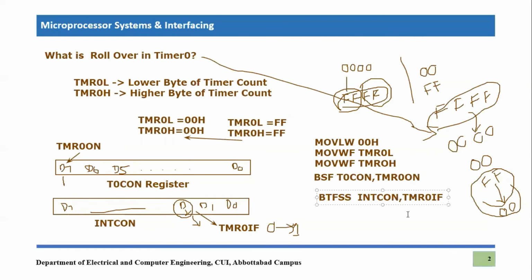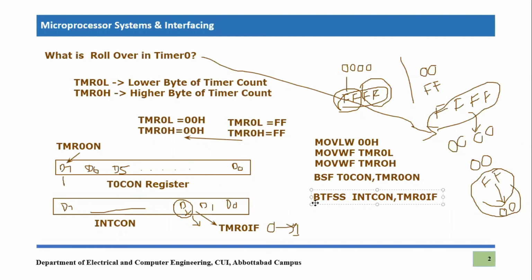If that bit has become 1, that means our timer has completed its count, whatever the count we wanted it to count, right? So we will check this particular bit consecutively.